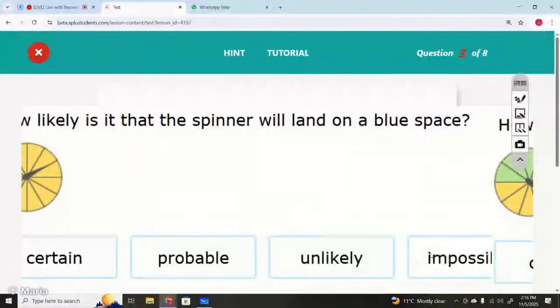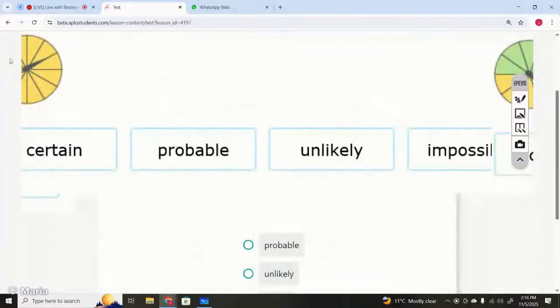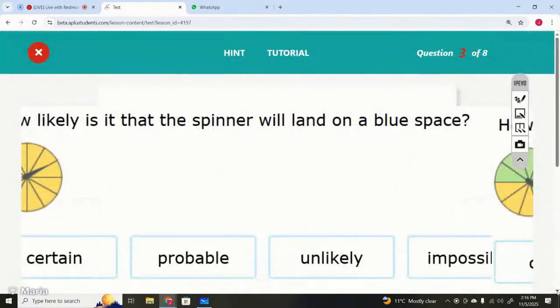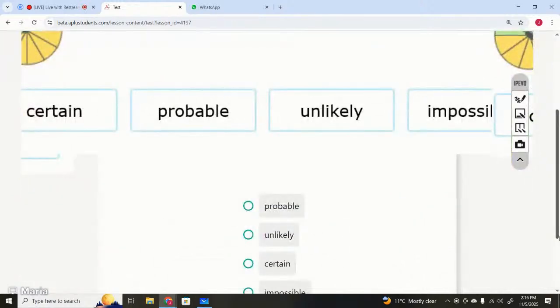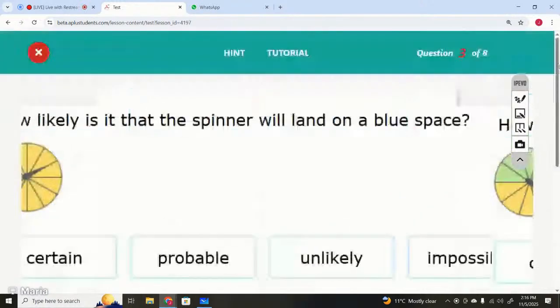How likely is that the spinner will land on blue space? I think we can see the most portion of this spinner, right? All the spinner is orange, right? Do we have any blue space on this spinner? We do not have any blue portion on the spinner.